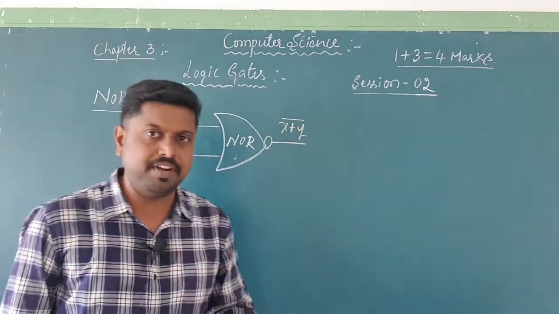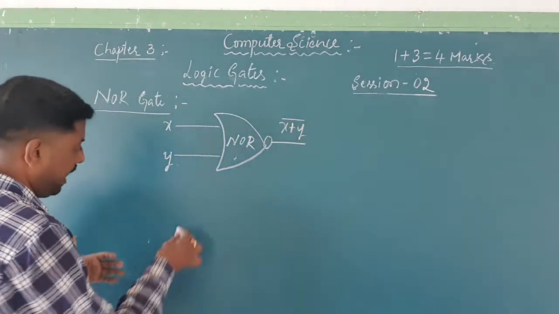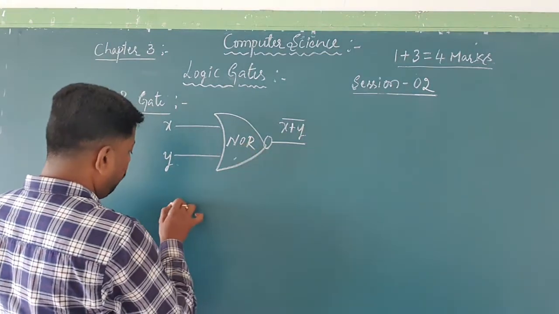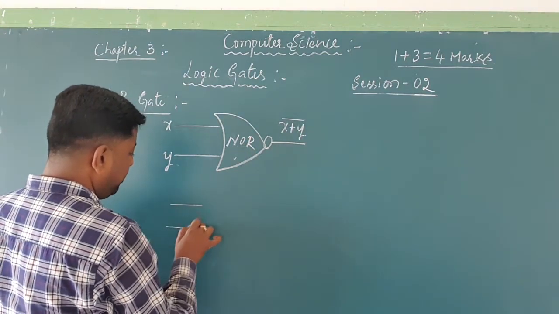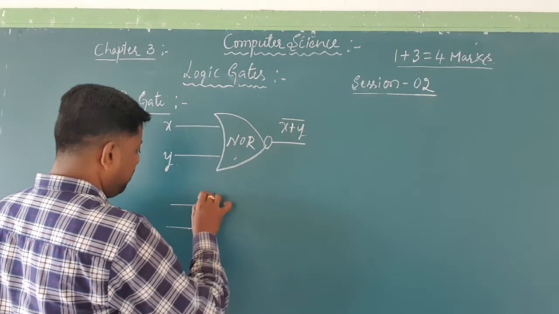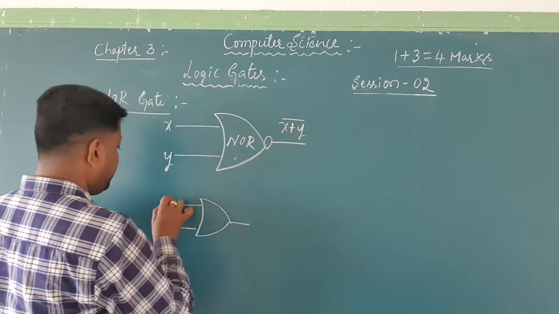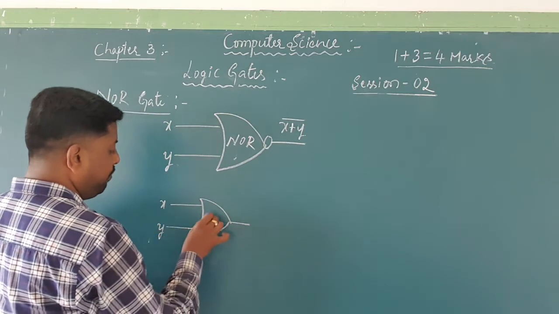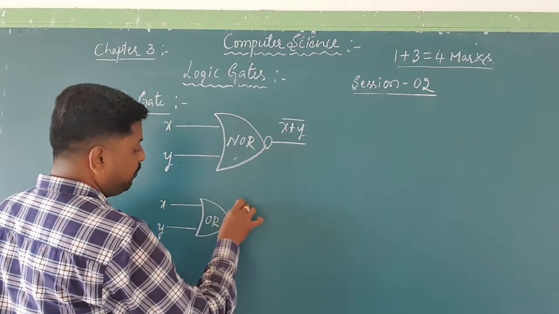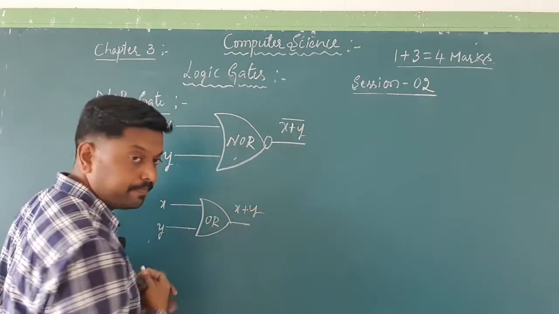How does this result come? I will show you with one more diagram. First I will draw the OR gate diagram, with the same two inputs for the simple logical OR gate. X and Y are the two inputs to the OR gate, and X plus Y will be the result, right?